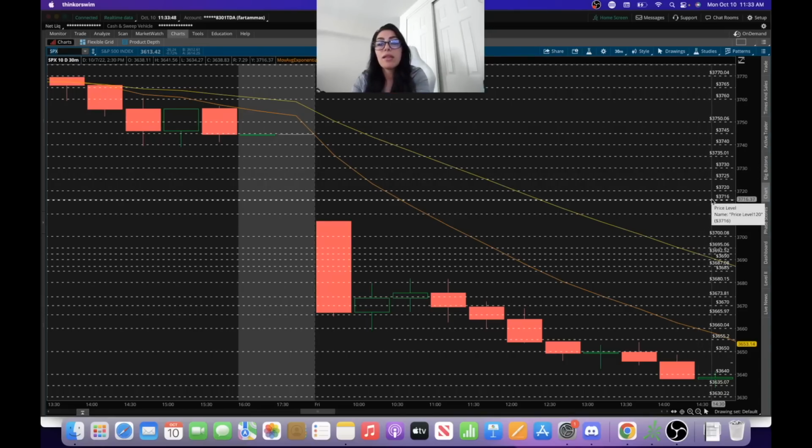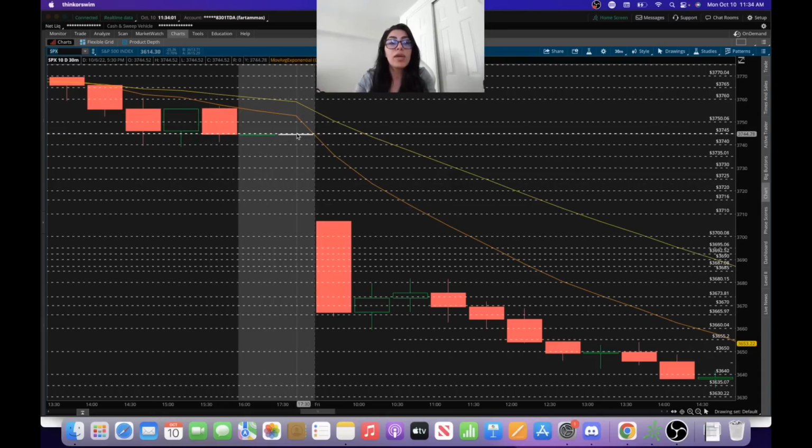I know I have a level at 37.16. I have a level at 37.25, 37.45. So every 5 points basically up until the gap. However, with SPX, when it does have a gap fill, because there's no significant movement in between where it gapped down and the post-gap level, it tends to fill all the way through.